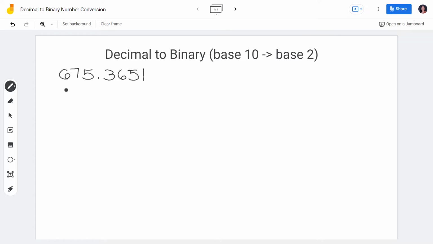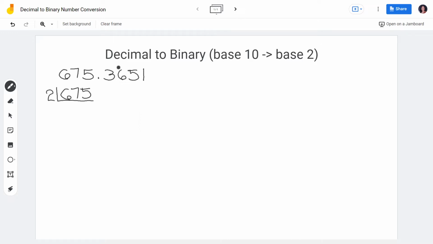So let's start with 675. We're going to divide 675 by our divisor. Since we're converting to binary, which is base 2, our divisor here is 2.